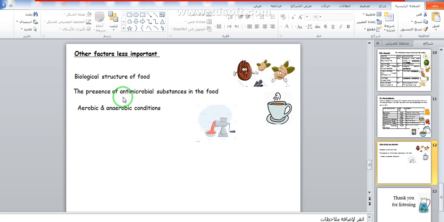The presence of antimicrobial substances in the food, like polyphenols in tea, will inhibit microbial growth, so it is seldom spoiled. Aerobic and anaerobic conditions due to some practices with the food, like meat mincing, where the bacteria on the surface will be in the bottom and vice versa. These factors and other factors affect the microbial spoilage of the food.